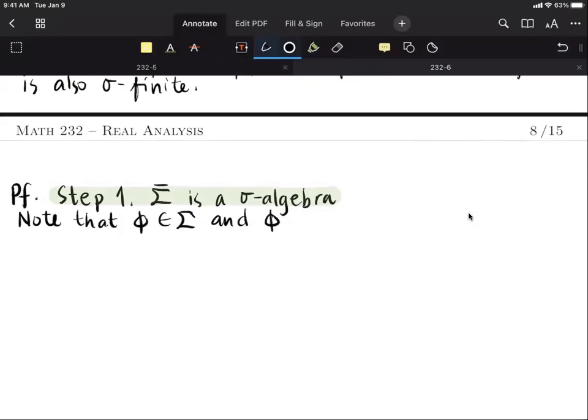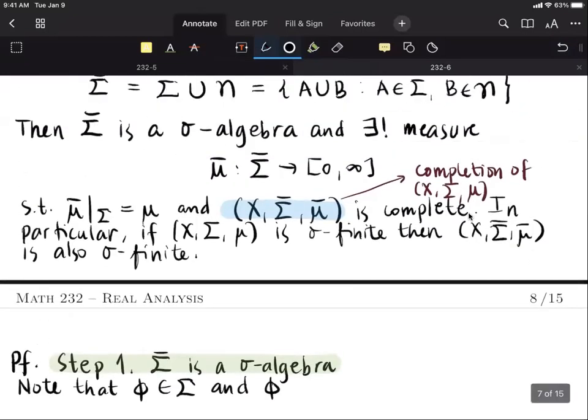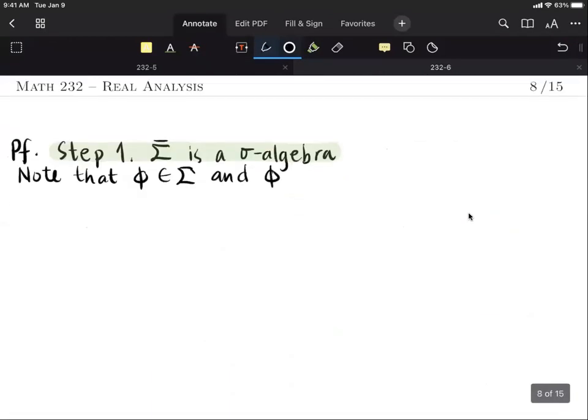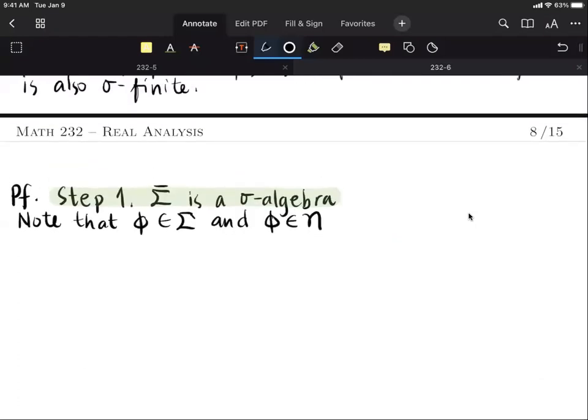And the empty set is also in N. Namely, it is a subset of itself. And the empty set is mu null, with the definition of a measure.